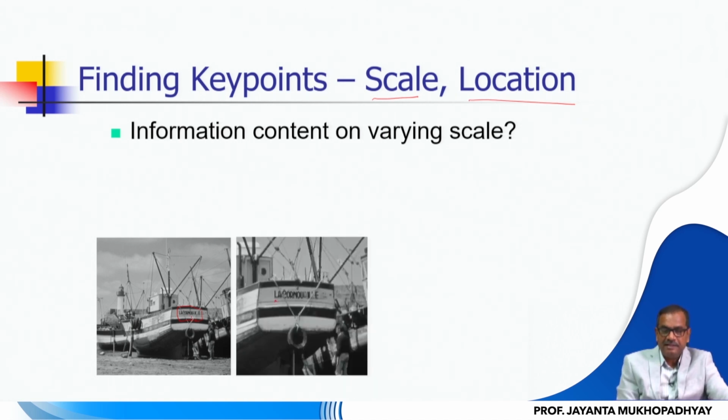Now, if I increase this particular scale, that means I zoomed this. I am going in the reverse direction for the sake of example, though in actual computations we start with the higher resolution and go to the lower resolution. I am just zooming.